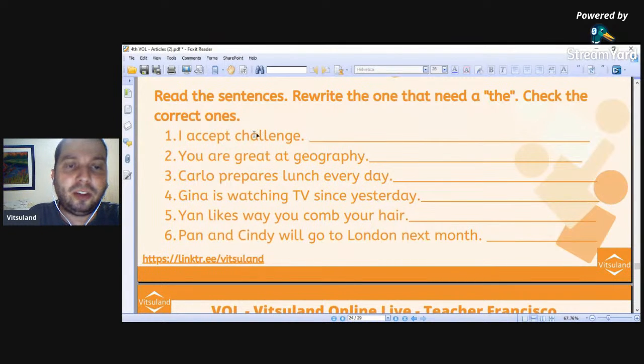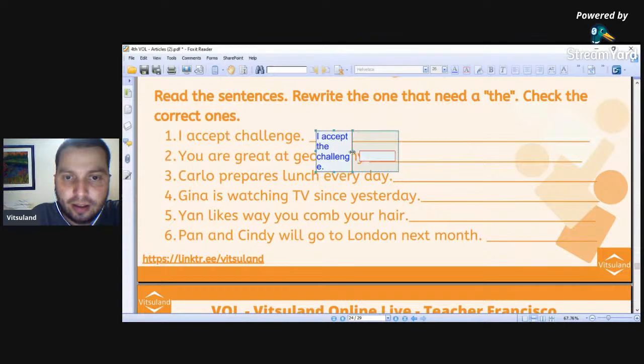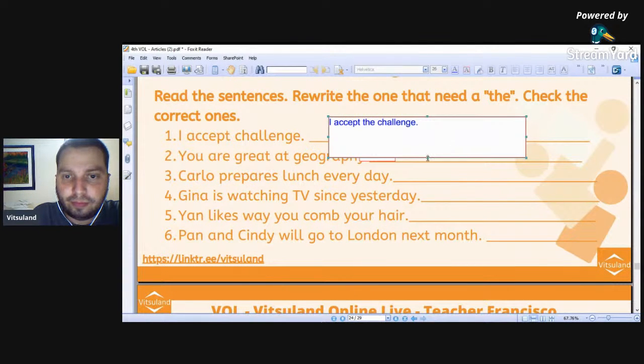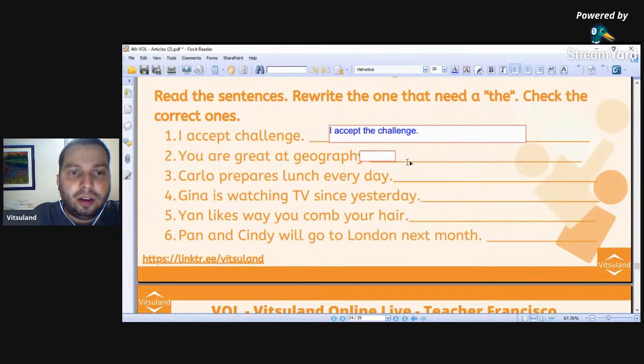So: I accept challenge. In this case, we have to say I accept the challenge, because it's a specific one. We're talking about a specific challenge. So there's a "the" missing here.